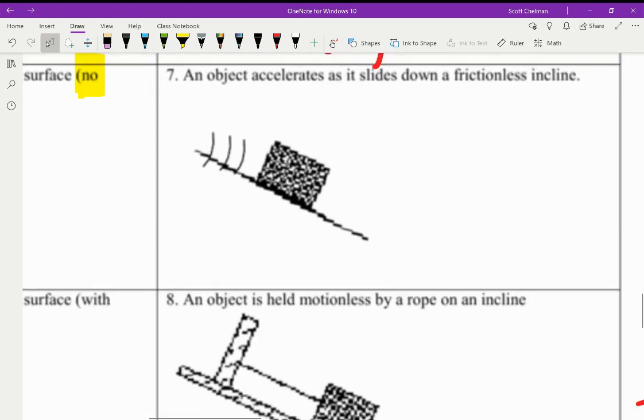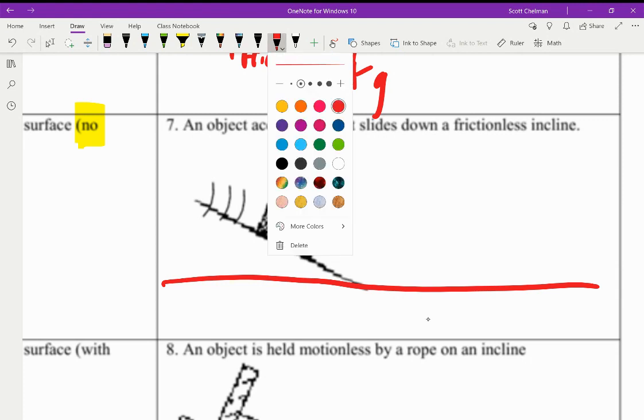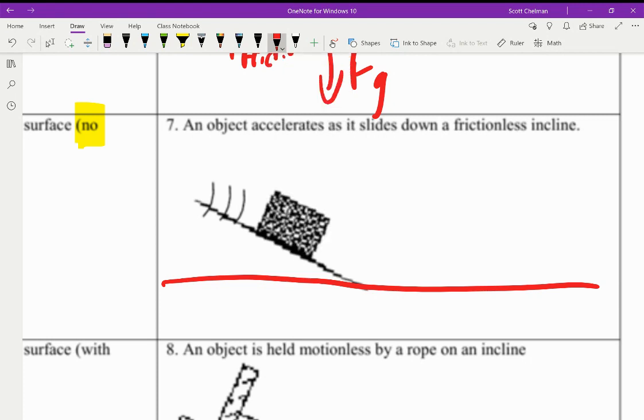Now, this one you have to think about a little bit. We're still on planet Earth, so what do we know? Be very careful here, because gravity always works perpendicular to the surface of the Earth. The surface of the Earth is down here, right? So our gravity is going to work like this.